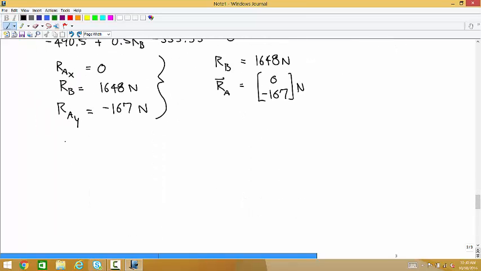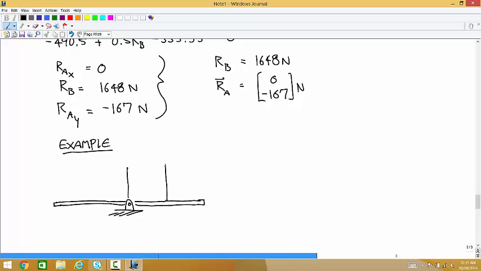So let me give you one that you can work on. Let's say we have a beam with a pin joint in the middle, and a rectangular distributed load from the pin to the center of the right half.